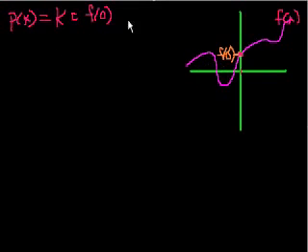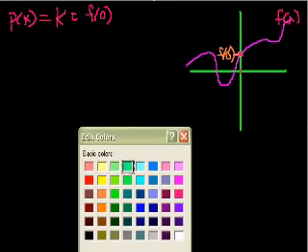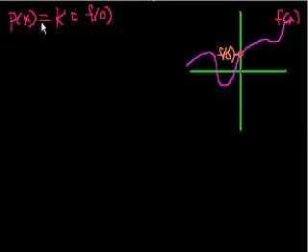In that horizontal line, we got p of 0 is equal to f of 0. So we knew that at x equals 0, that horizontal line has the same value as f of x. That's a very rough approximation.